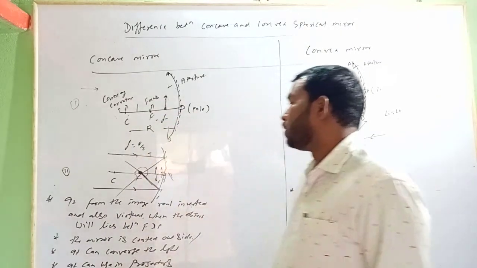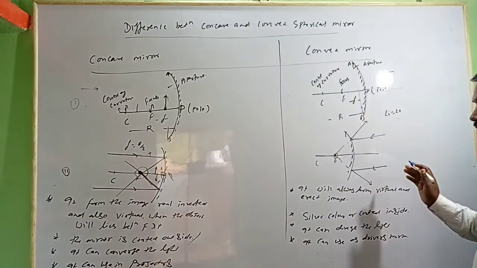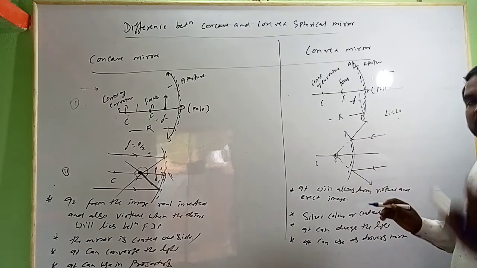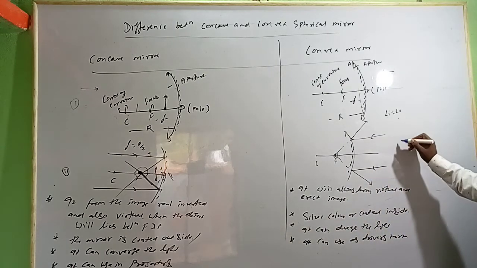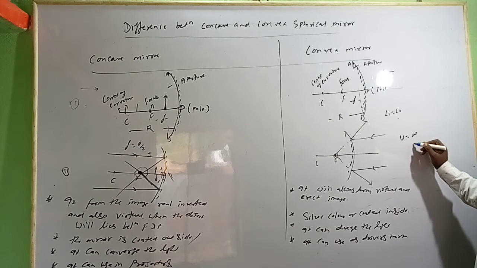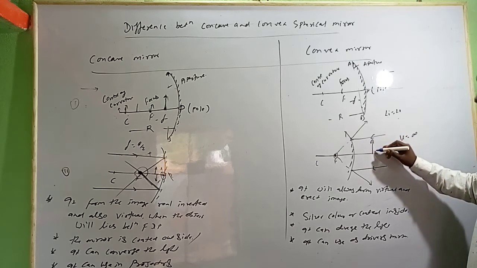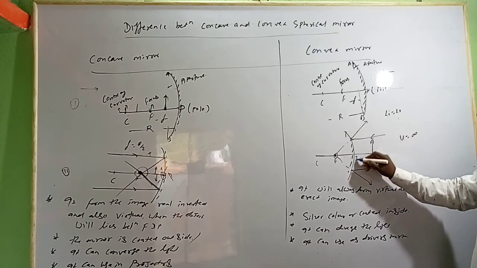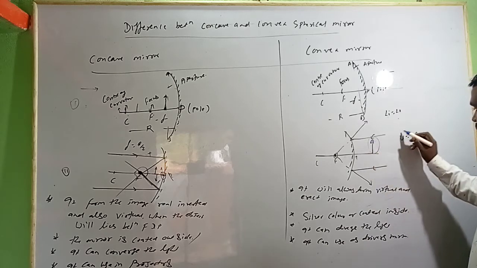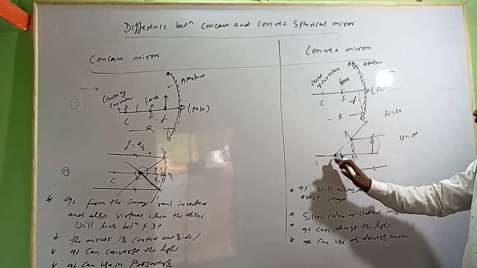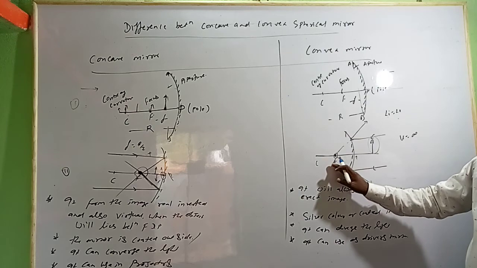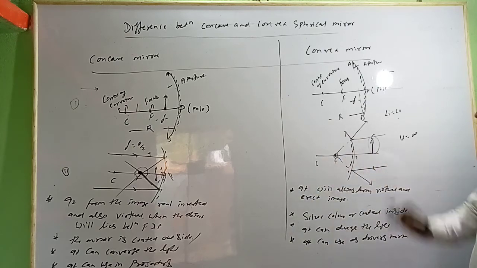Is it clear? But in the other case, the object has only two cases. First, the object distance U lies at infinity, and another, the object lies near the pole. In both cases the image forms behind. It means virtual and erect. Is it clear? Okay, very good.